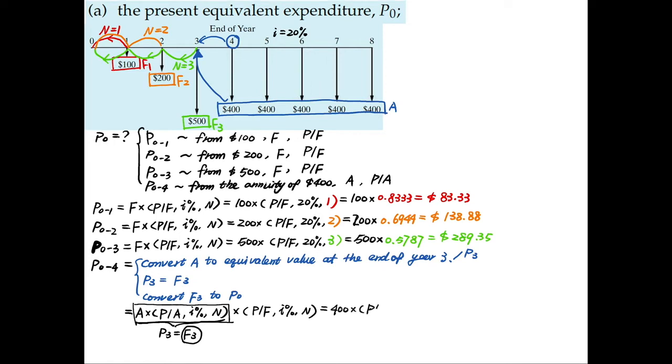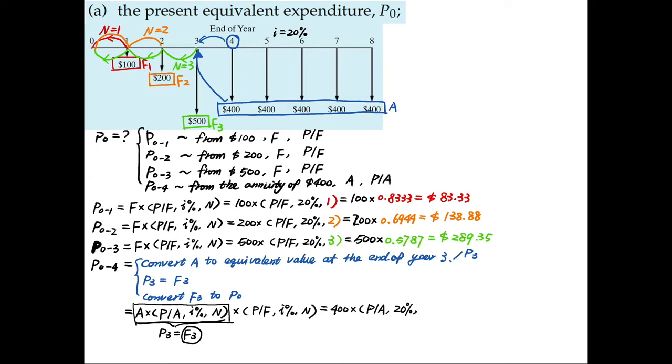And A is 400, factor P/A, i is 20%. What is the n? By the definition of this equation, the n is how many times you jump back to the previous year.